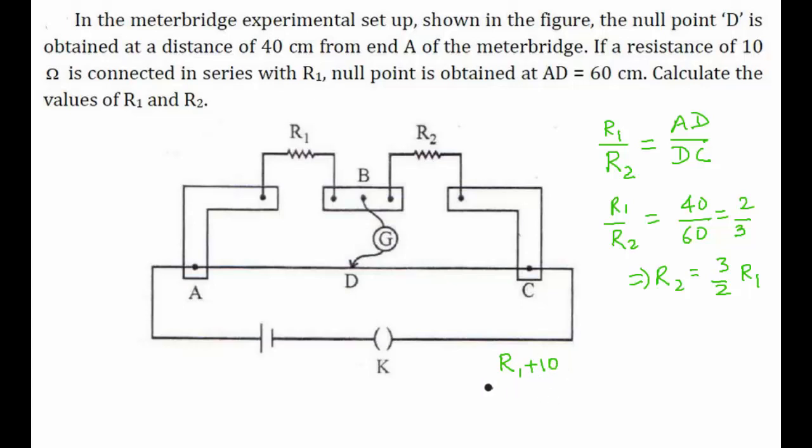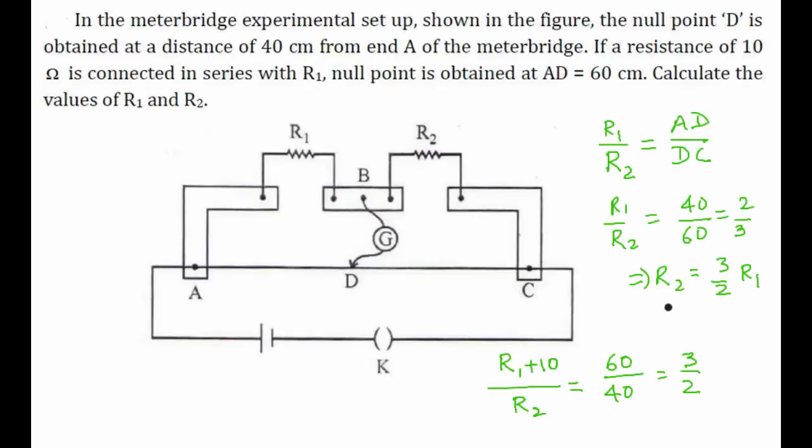So this resistance divided by the second resistance is nothing but again the same AD by DC, and now AD is changed to 60, so DC will now be 40. So this is 3 by 2.